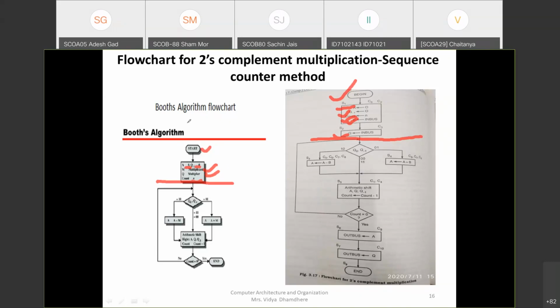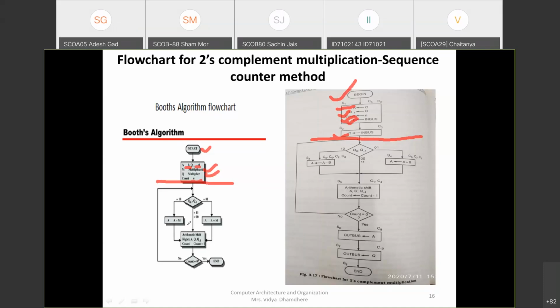Now we are moving to the next part, that is, the conditional blocks on the contents of register Q0 and Q minus 1. Depending upon the values of Q0 and Q minus 1, we need to perform certain operations. If Q0 and Q minus 1 are both either 1, 1 or 0, 0, directly we need to perform the arithmetic right shift operation of registers A, Q, Q minus 1, and then decrement the counter value by 1.